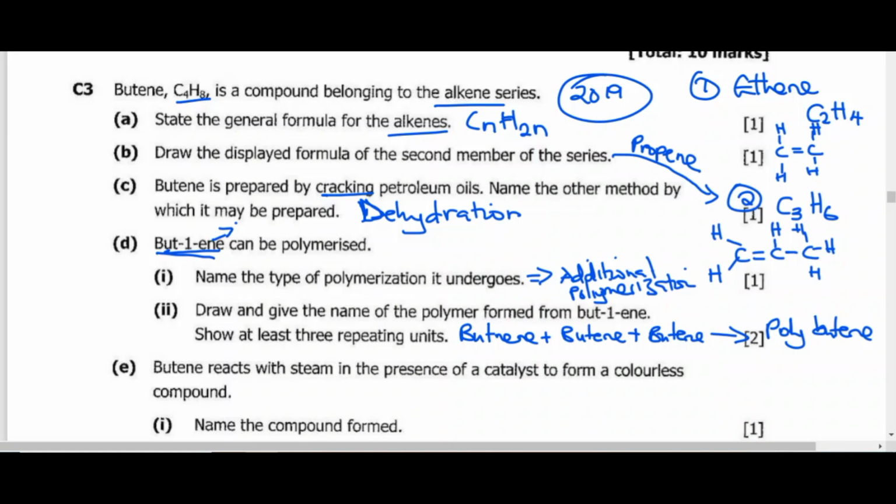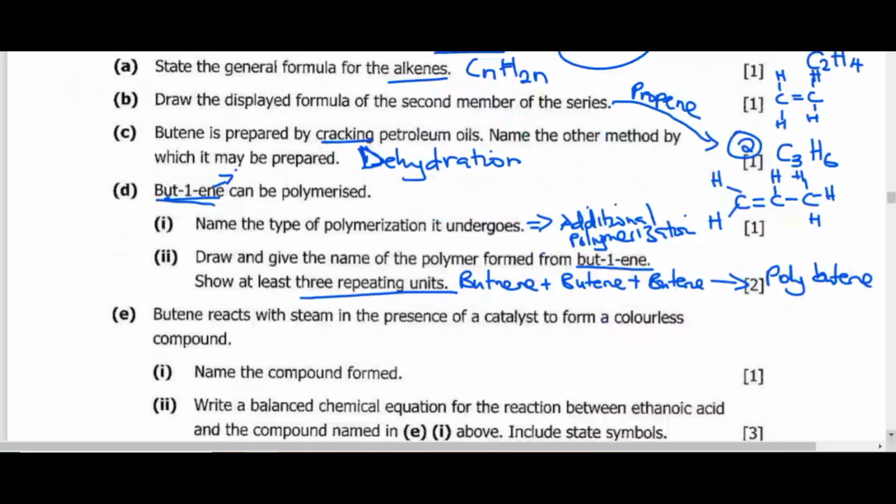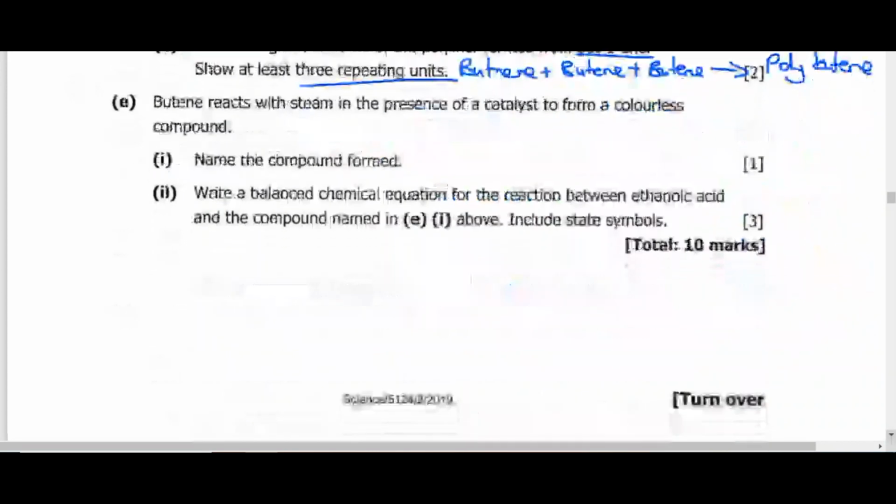Here, in the first question, we have to read it very carefully: draw and give the name of the polymer formed from butane. Show at least 3 repeated units. So apart from the first one, we also need 3 repeated units. Okay, so we're going to draw it here.